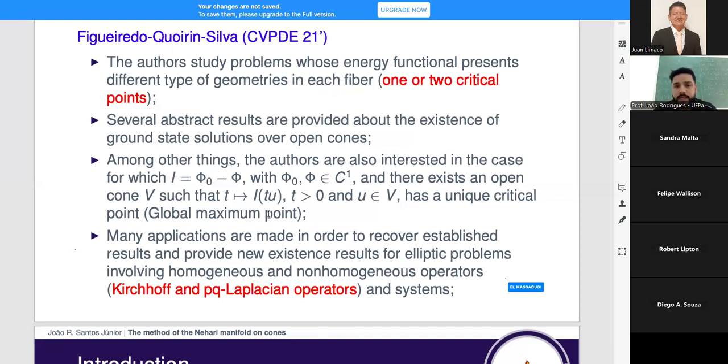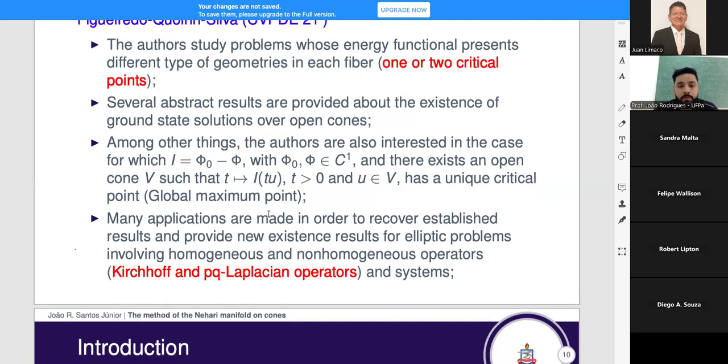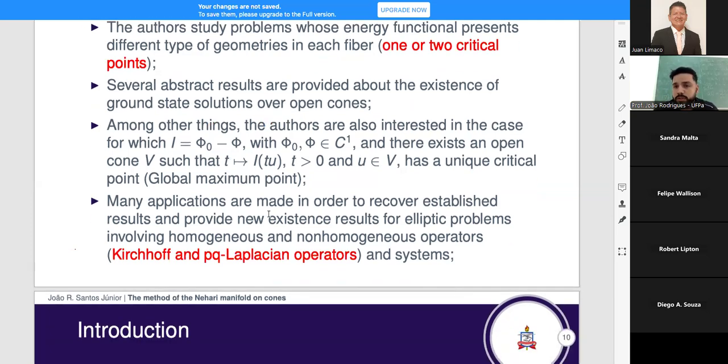Under this type of assumption, the authors were able to prove and provide some abstract results of existence of critical points. For example, many applications using these abstract results were made in order to study some homogeneous and non-homogeneous operators like the Kirchhoff operator, the p-q Laplacian operator, and some systems also.